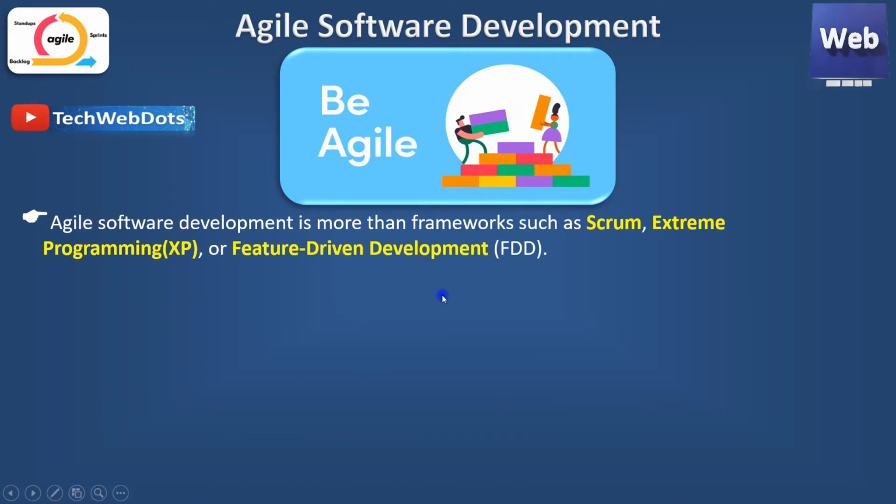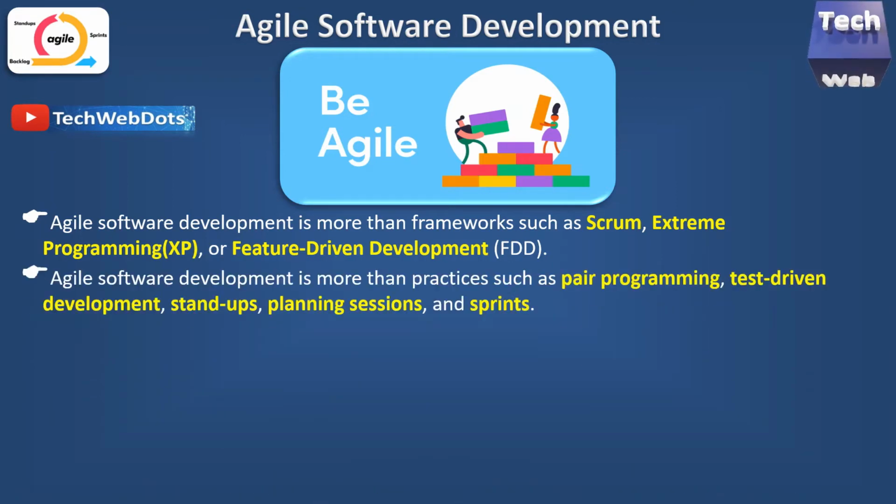Agile software development is more than a framework such as Scrum, which is part of the Agile framework, extreme programming, or feature driven development. I hope you understand what we mean by feature driven development, when we really focus on the feature and work on that development.